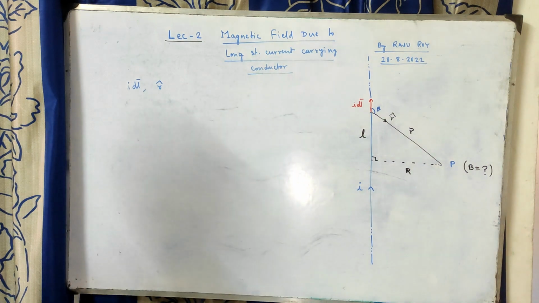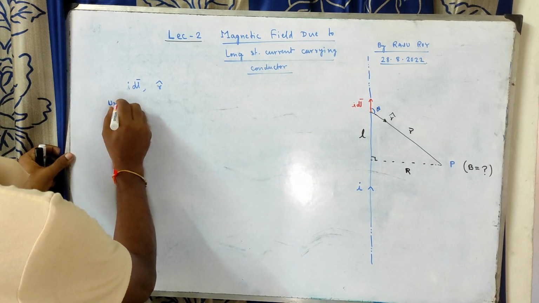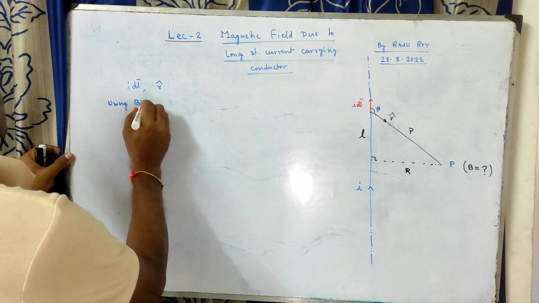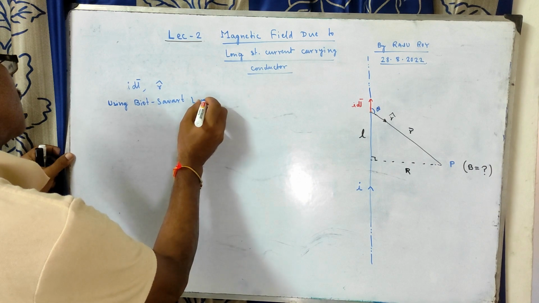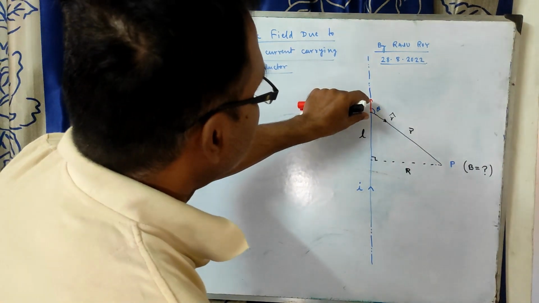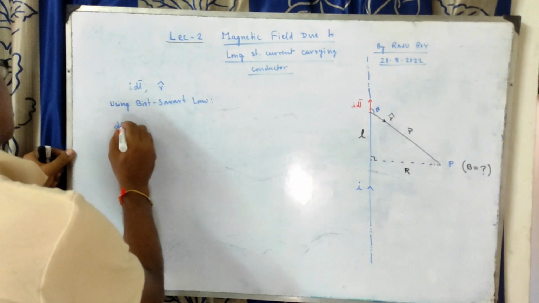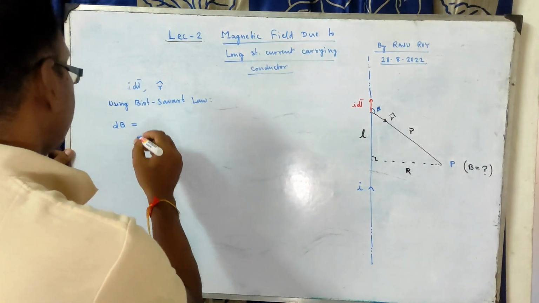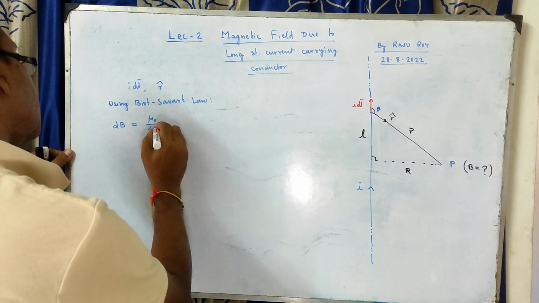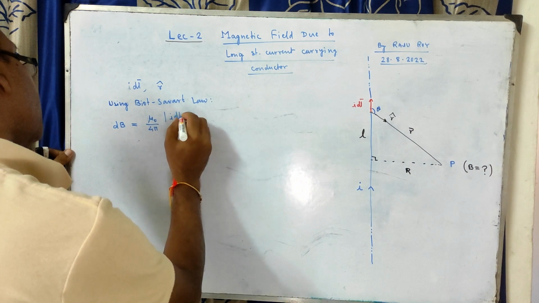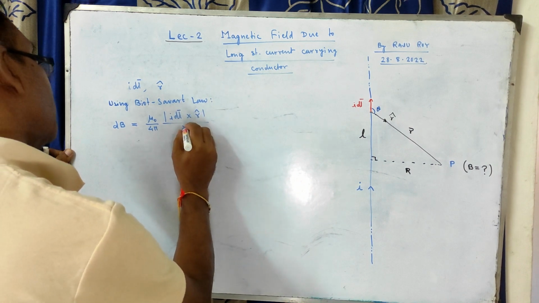Now let us use the Biot-Savart law. Because this is a small element, due to it I will get a small field, which I am naming dB. dB is equal to, taking the magnitude alone, with direction to be discussed later, mu naught by 4 pi, mod of Idl cross r cap, divided by r square.